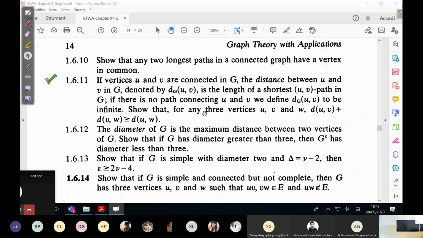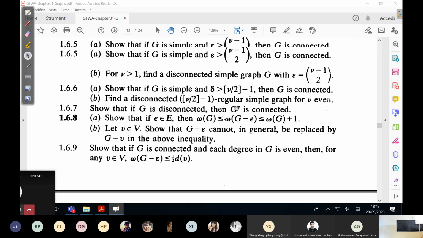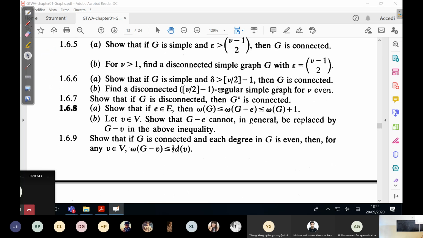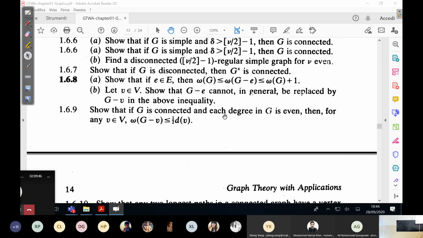Show that for any three vertices u, v, and w, you actually have the triangular inequality. So this is actually a true distance, meaning d(u,v) plus d(v,w) is greater than or equal to d(u,w). Show it by what we have said before about walks and paths. Okay?